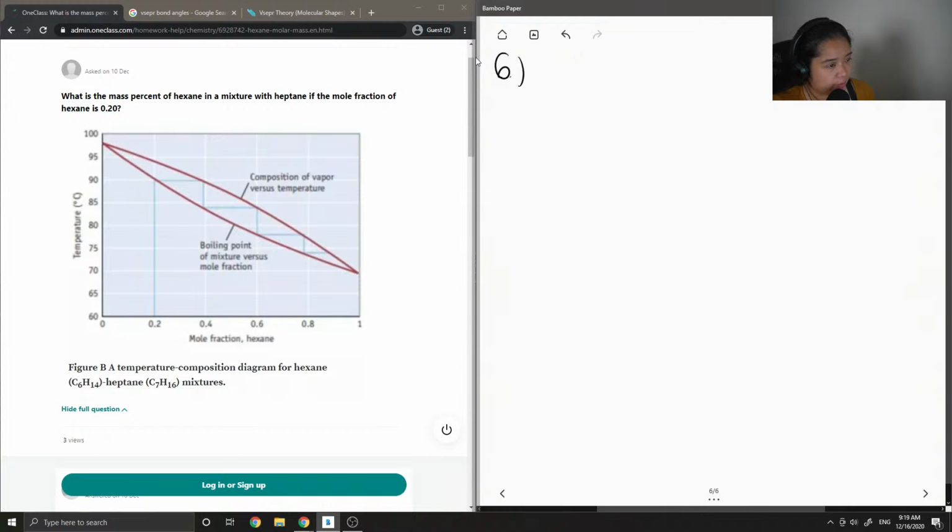Okay, so they give us the mole fraction of hexane. To help us answer this question, step 1 is to assume that we have 1 mole of the total mixture. This will help us calculate the mole fraction of heptane.